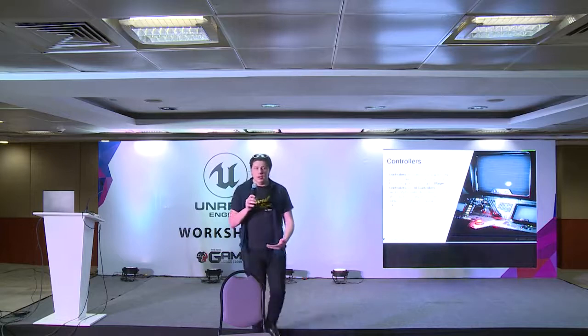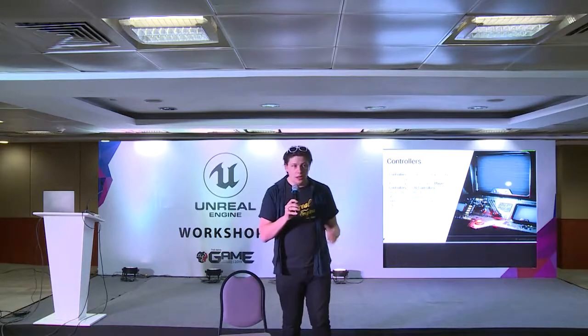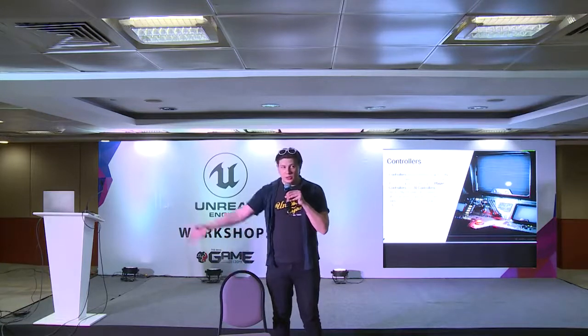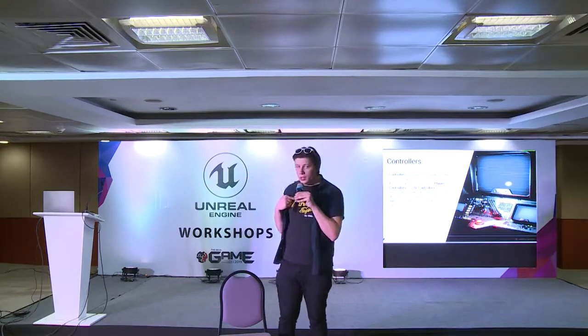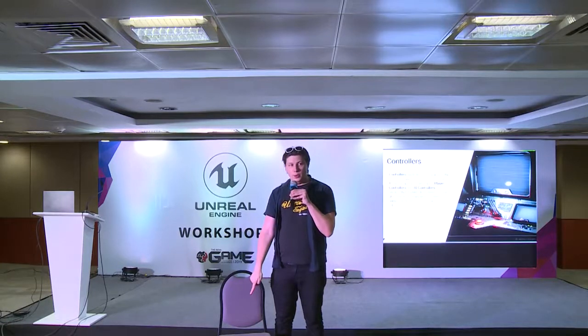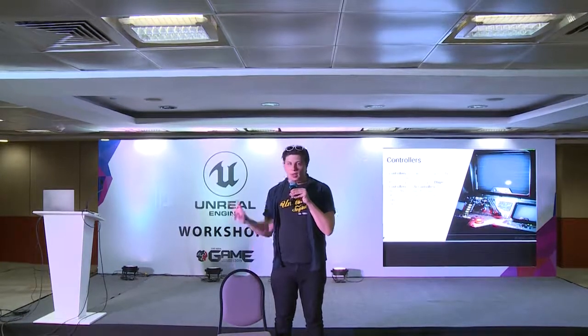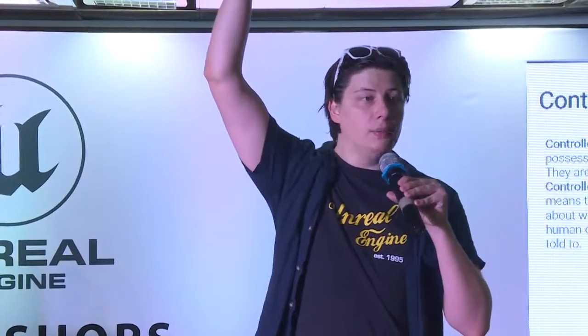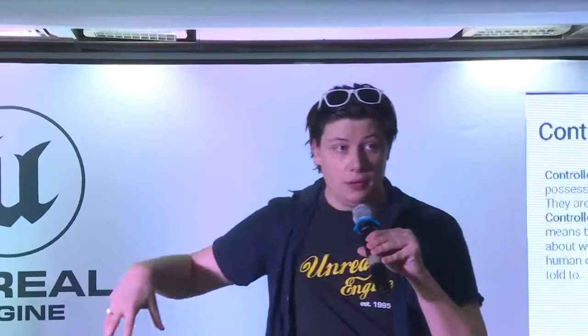As a human being, this is how I walk. Now, if I walked over to my vehicle and I hit use, my body would attach itself to this pawn and begin to play the get in vehicle animation, at which point my brain would unpossess my body and possess the vehicle.